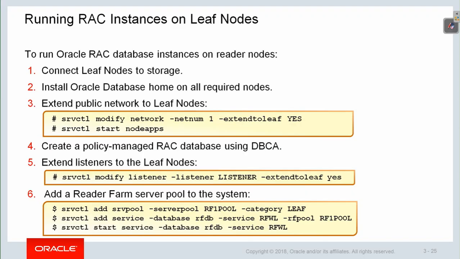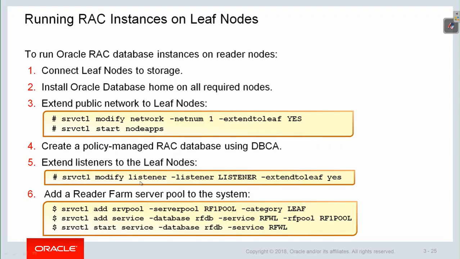But if you are planning to create read-only instances in the leaf node, then you have to make shared storage available to leaf nodes. And then install Oracle Database Home on all required nodes. And you will have to extend the public network to leaf nodes. And you will also have to create a policy managed database.